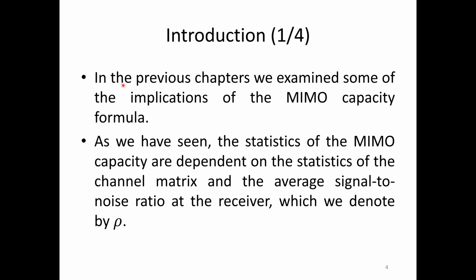First let us see the introduction. In the previous chapters, we examined some of the implications of the MIMO capacity formula. As we have seen, the statistics of the MIMO capacity depend on the statistics of the channel matrix and the average signal-to-noise ratio at the receiver, which we denote by rho.